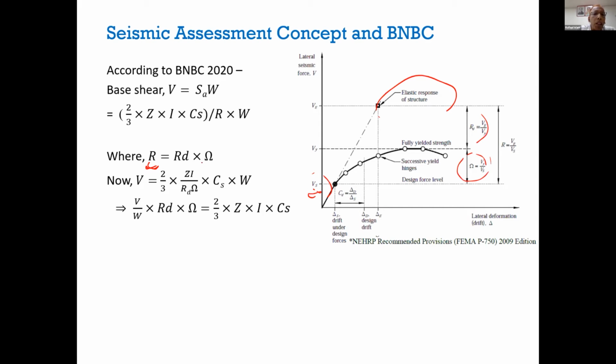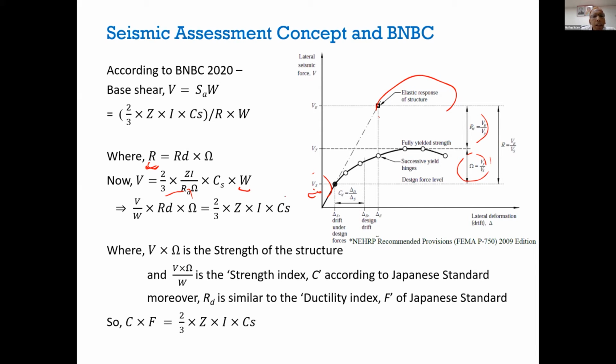I am just deriving how we can go into our PWD manual basic consideration. So now we can write V equals to in this way here, and again converting this base shear divided by W, this W into RD into omega, and the other thing on the right side. Here V into omega is the strength of the structure.